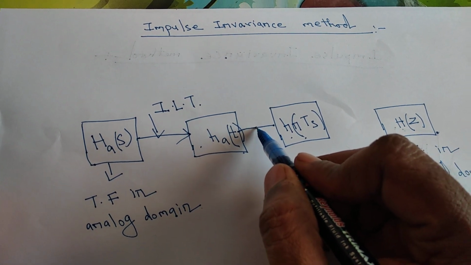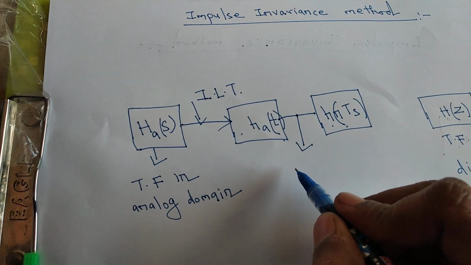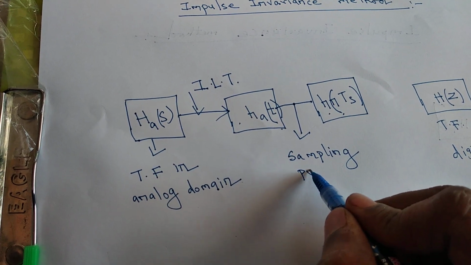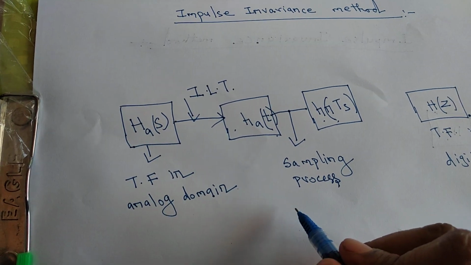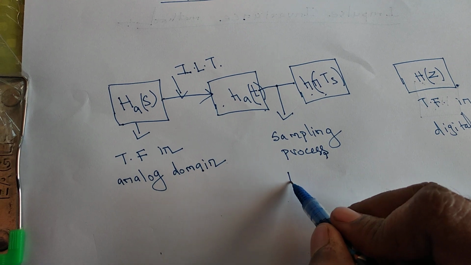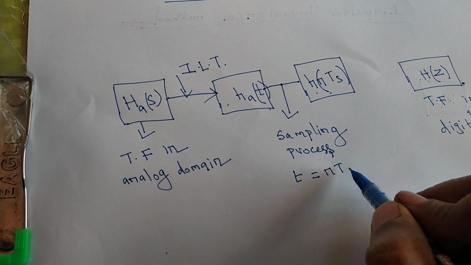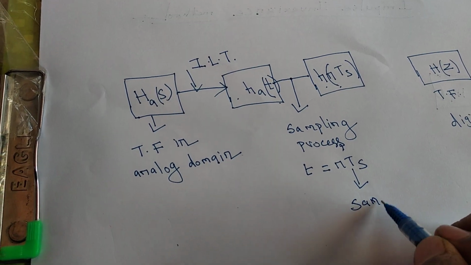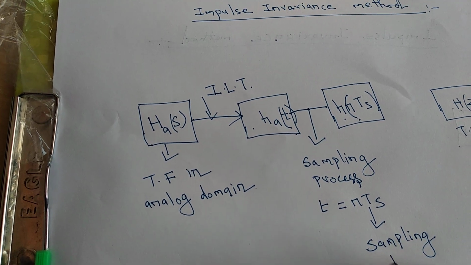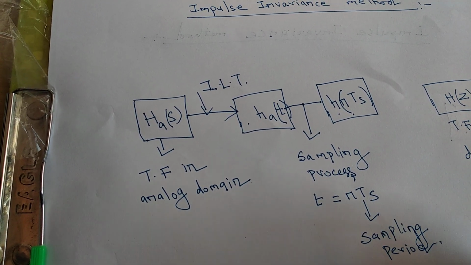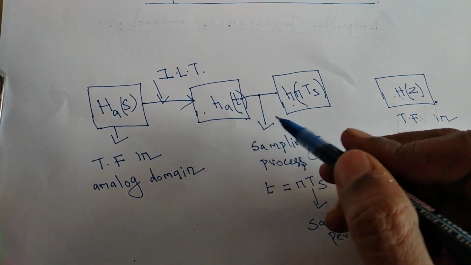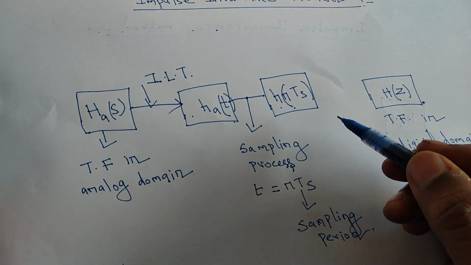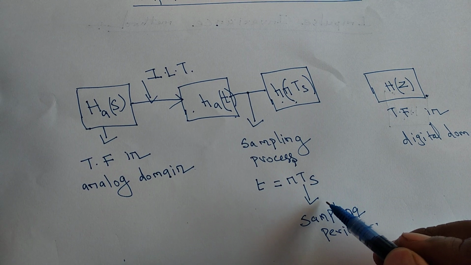This can be done by applying a suitable sampling process, by replacing t by nTs, where T is said to be a sampling period. So if we apply the sampling method for H a of t, we will obtain H of nTs by replacing t by nTs, where T is said to be a sampling period.